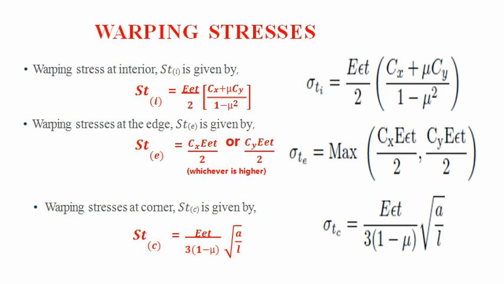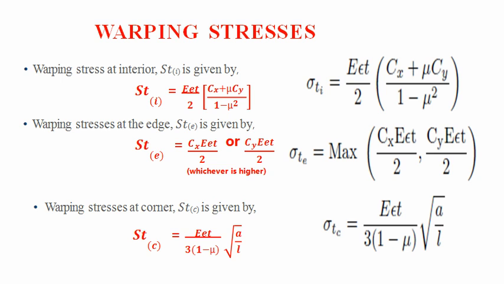So the warping stress at the interior, STI, is given as STI equals E e T upon 2 multiplied by (Cx plus mu Cy) upon (1 minus mu square). Again, the warping stress at the edge, STE, is given by STE equals Cx E e T upon 2, or Cy E e T upon 2.